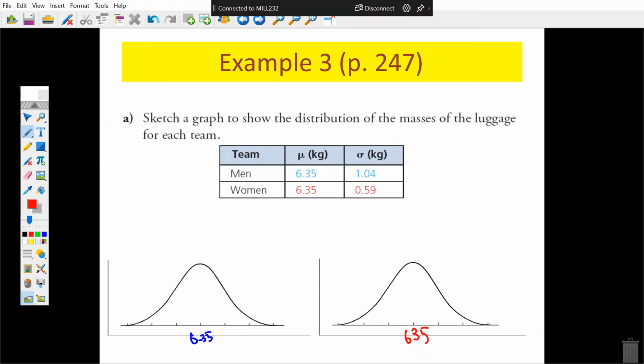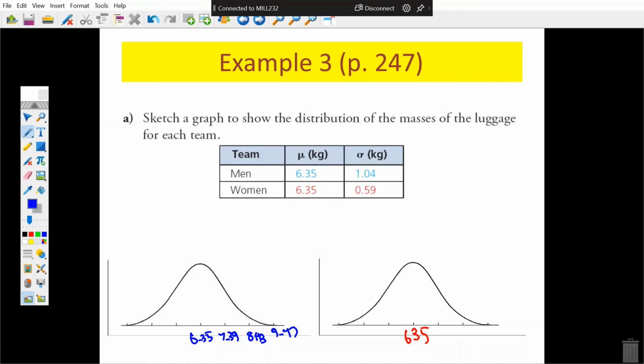Now it says that the men's has a standard deviation of 1.04. 6.35 plus 1.04 is 7.39, plus 1.04 is 8.43, plus 1.04 is 9.47.